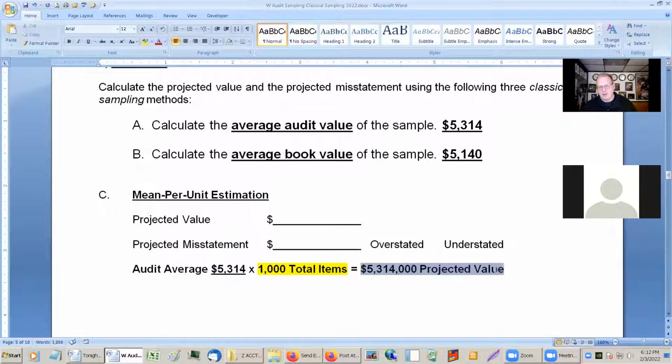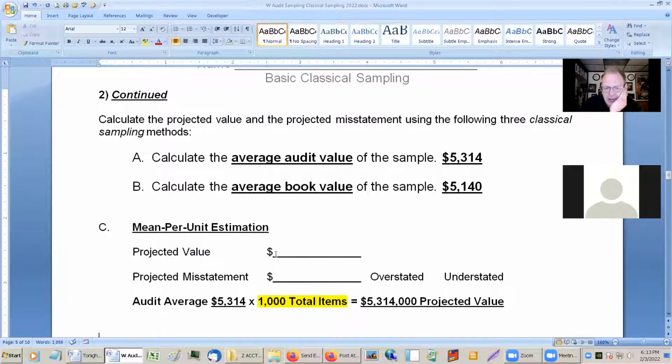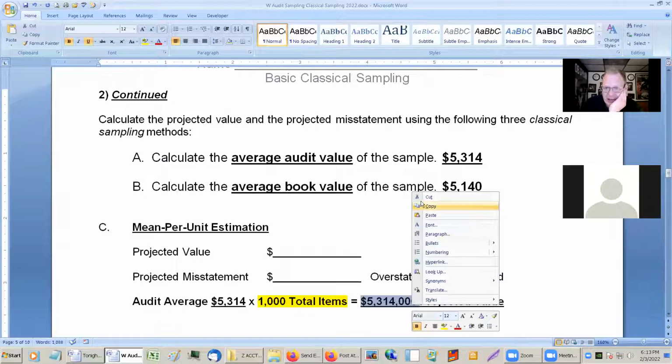So this is the total projected value. So you've got 1,000 items, every item should be the same as what we came up with. Okay, so be lazy and copy that.